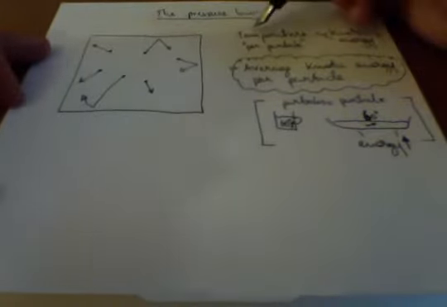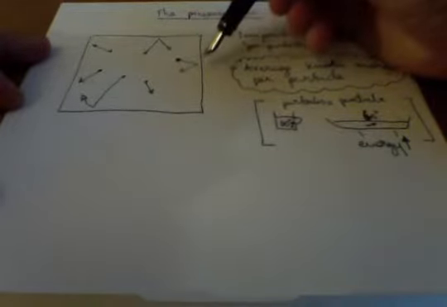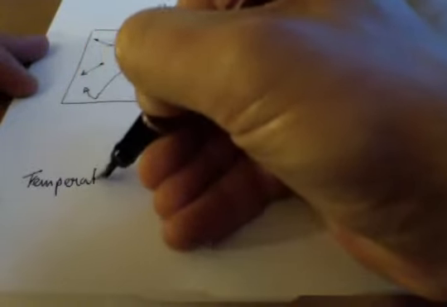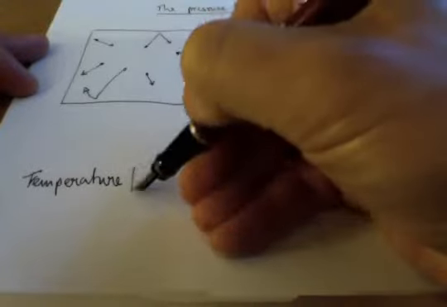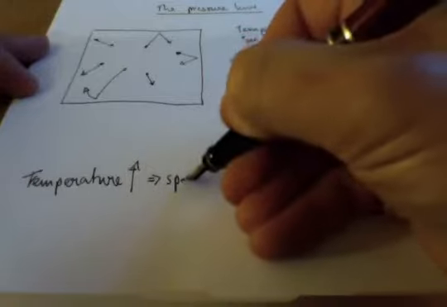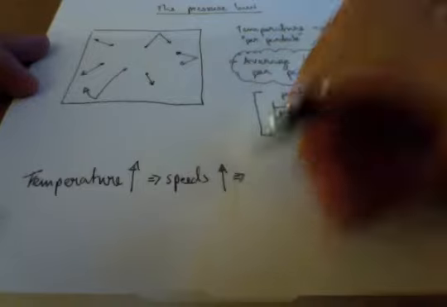We're saying if the temperature increases, then what we're really saying is, on average, these have a greater speed. And therefore, what effect does that have on the pressure? Well, hopefully you'll appreciate that if it's moving faster, so if the temperature increases, then the speeds increase, because the speeds and kinetic energy are very, very closely related.